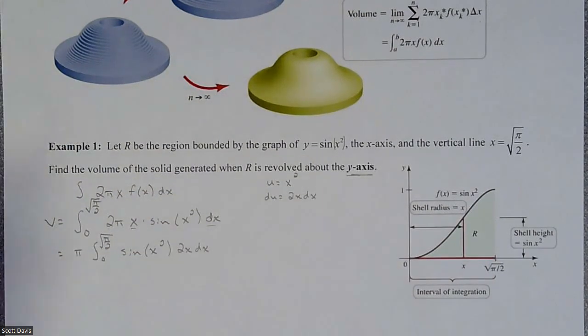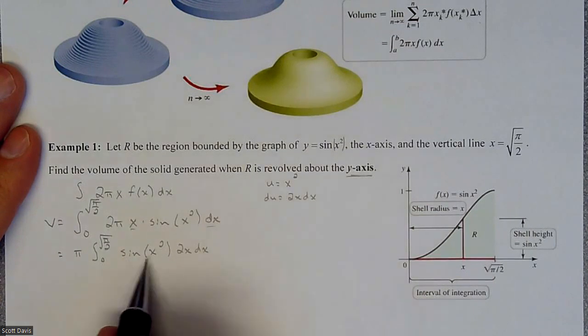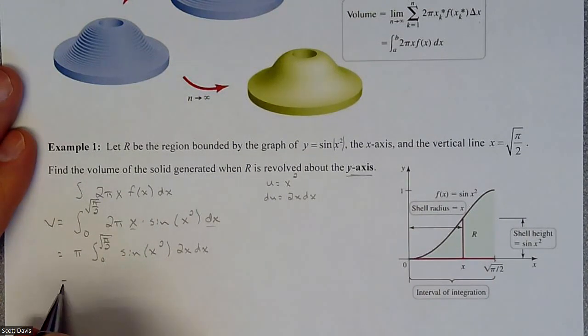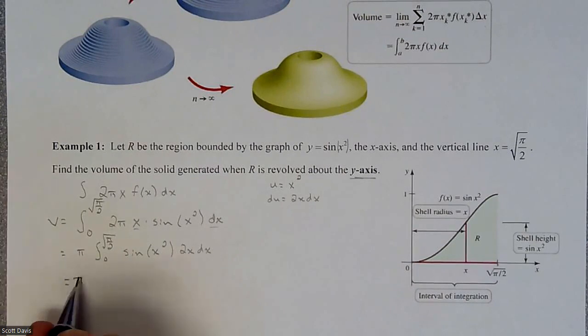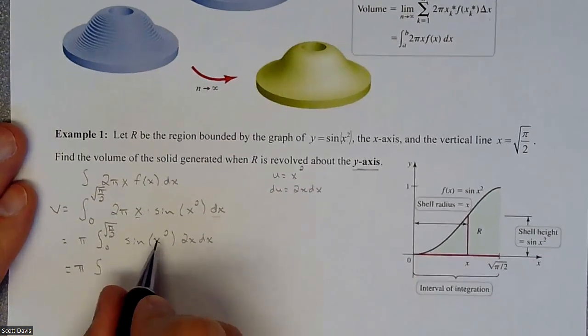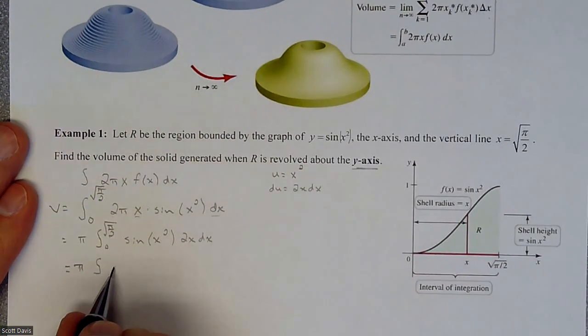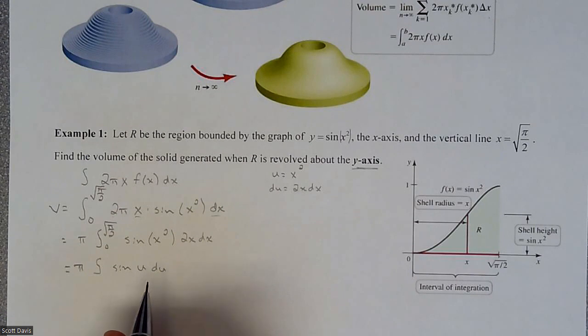So I'm just rewriting this to make it a little more obvious: that is going to be du, and this is going to be u. And so we're going to have pi. And then I'm going to drop my bounds for now. I'll come back when I put things back into terms of x. So that's what I'm doing the antiderivative of.